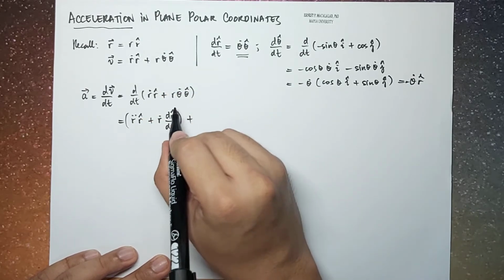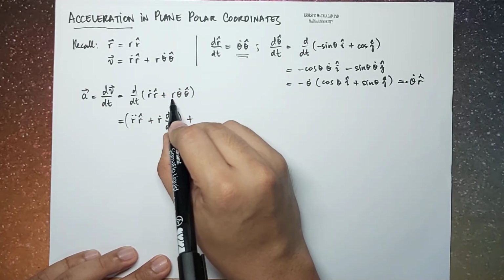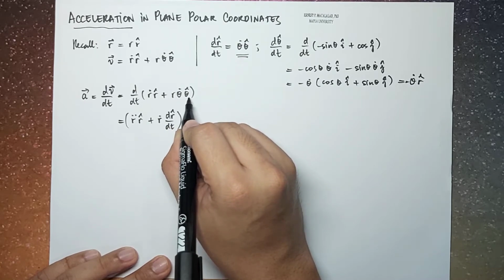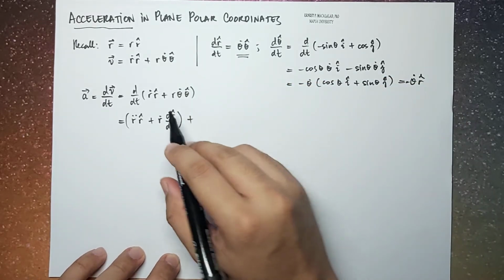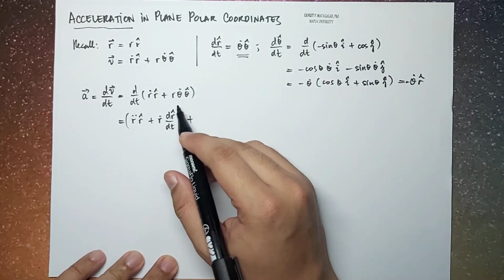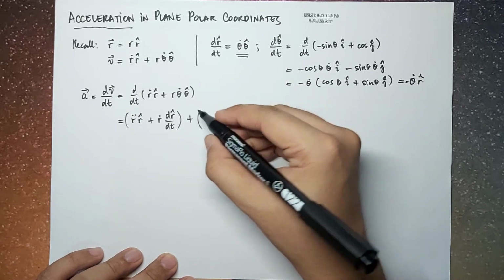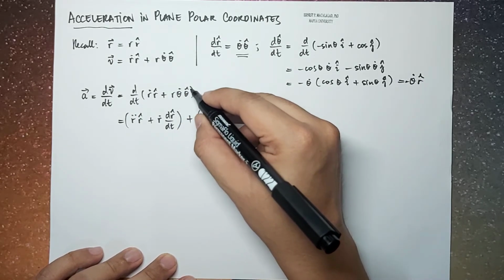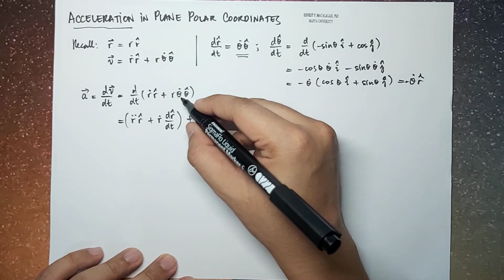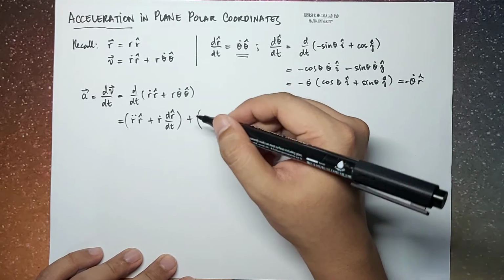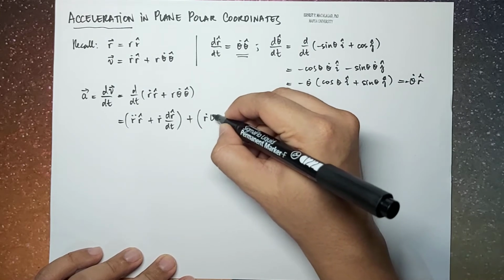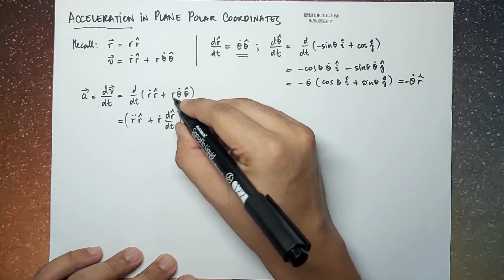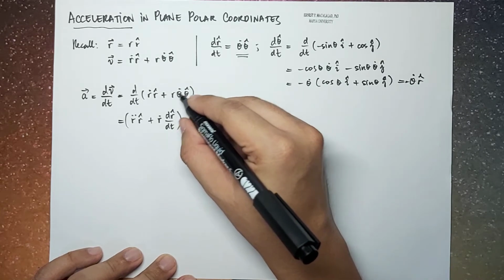The second term has three variables, r, theta dot, and theta hat, and all of them are functions of time. Therefore, using the product rule, this will have three terms. The first term becomes the derivative of the first, and then we copy the rest. So this is r dot theta dot theta hat. Then we differentiate the second and copy the rest.